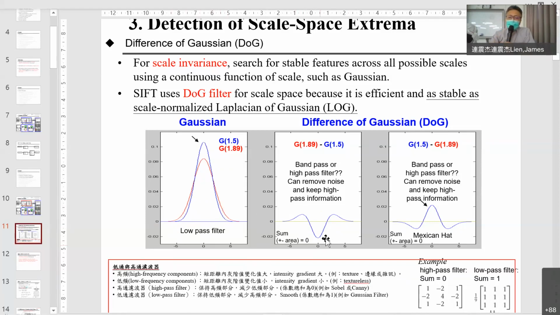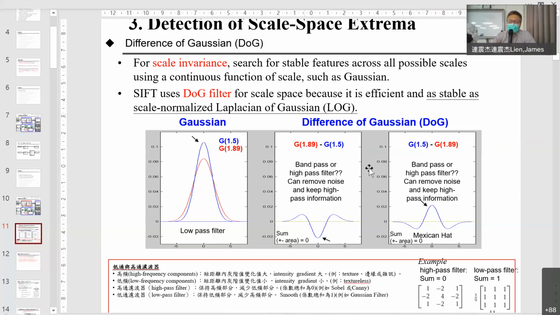The summation of a high pass filter distribution is equal to 0. The other way, if I do the narrow standard deviation minus the wider standard deviation, it becomes this kind of distribution. This is also a filter, and we call this the Mexican hat, like a Mexican hat. It's famous, and that's the DOG. That's it.